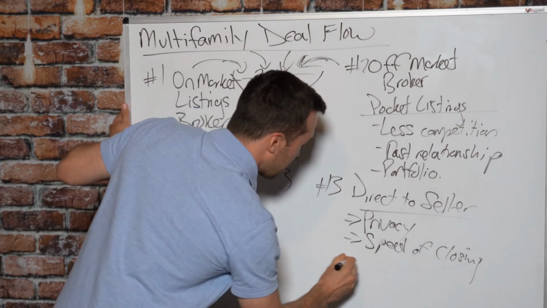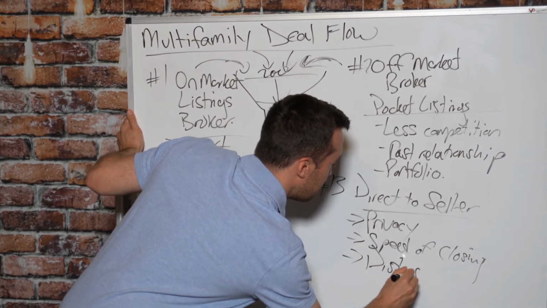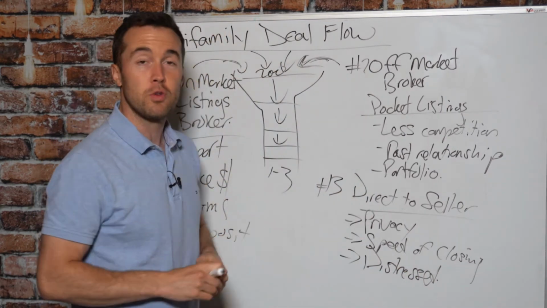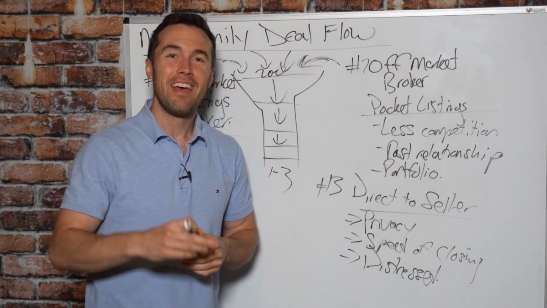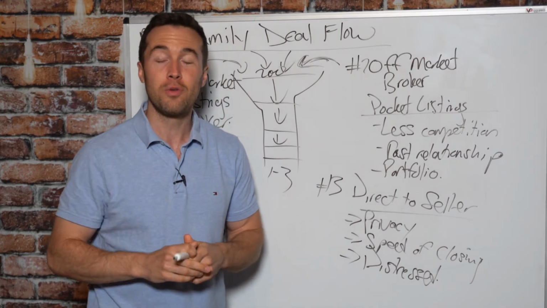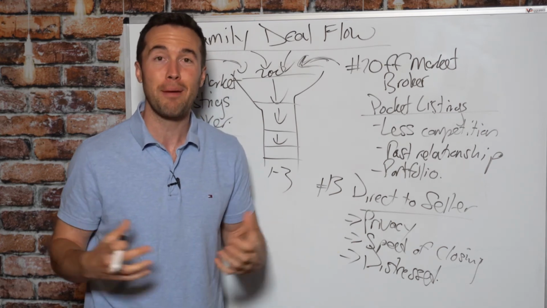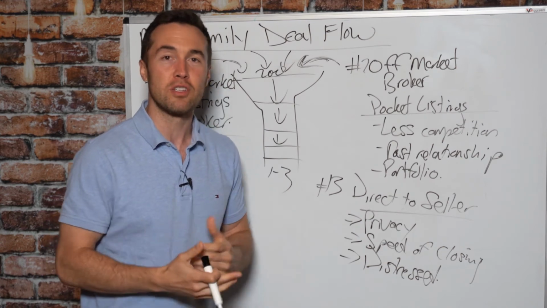And then this one gets talked about a lot, but maybe it's a distressed situation where the seller is in financial problems, they have issues, maybe the term on their financing, their loan is coming up and they can't get approved for another loan, whatever the situation is, maybe they have hardships, maybe it's a partnership breakup. There's all sorts of reasons why a seller would be in more of a distressed situation.